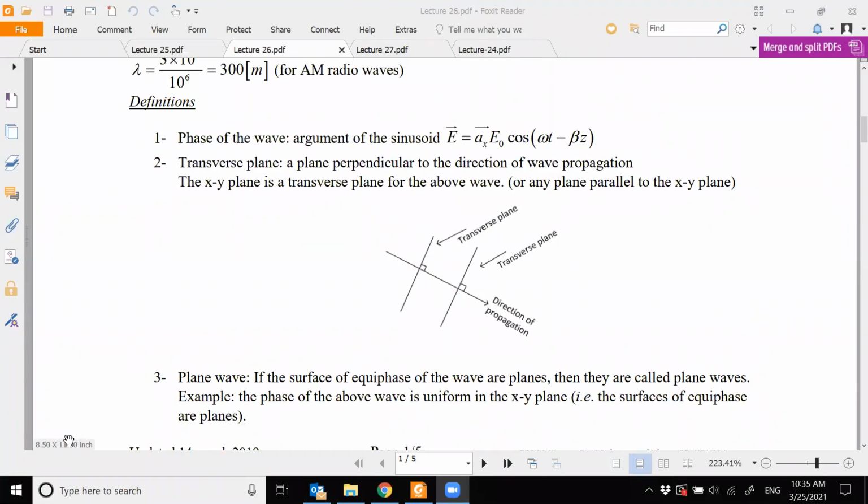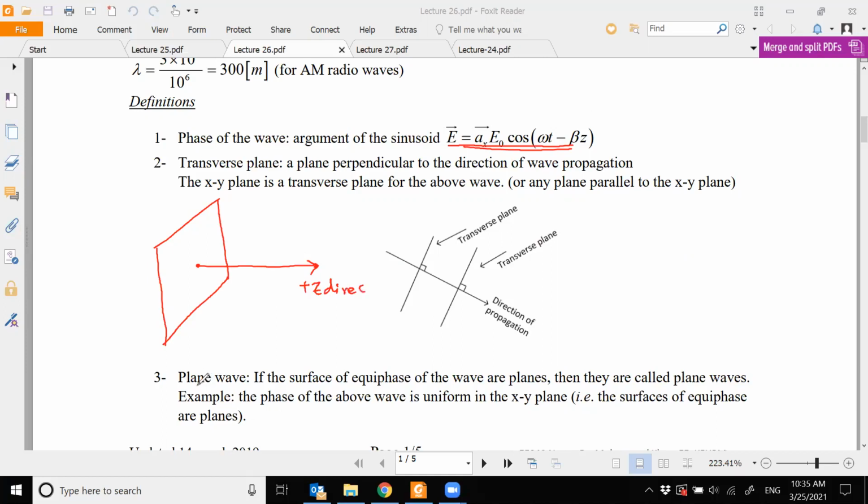So to just explain this, if you look at this electric field, and this is my electric field, and it is going in the Z direction, so it is in the plus Z direction.